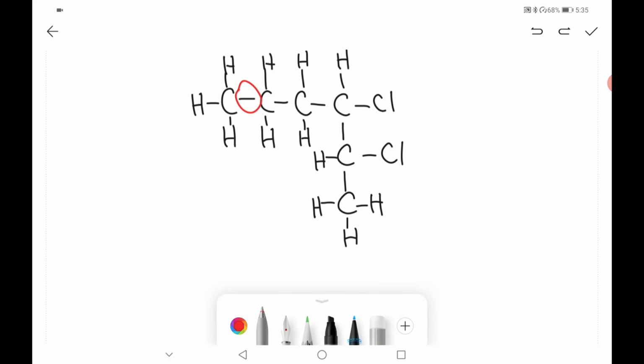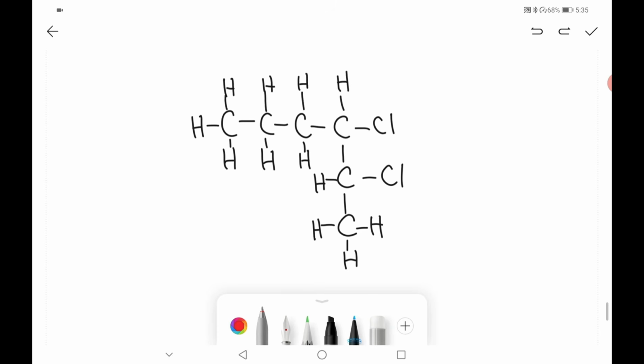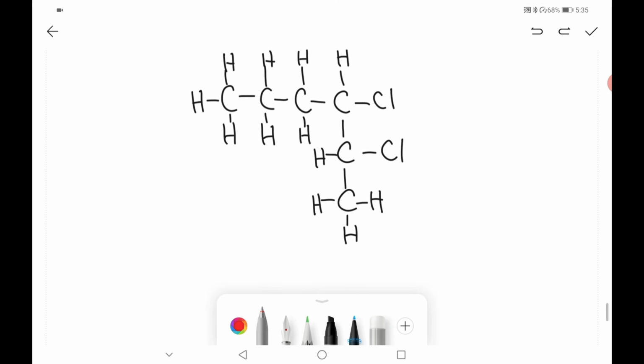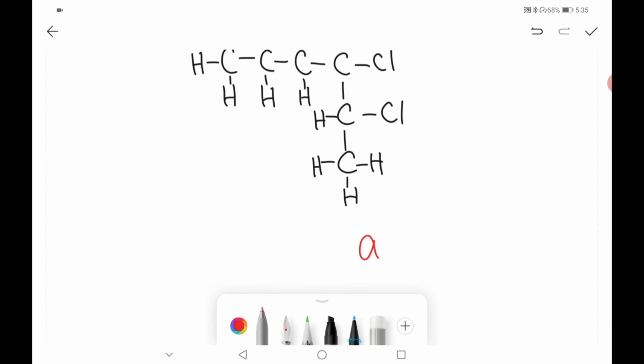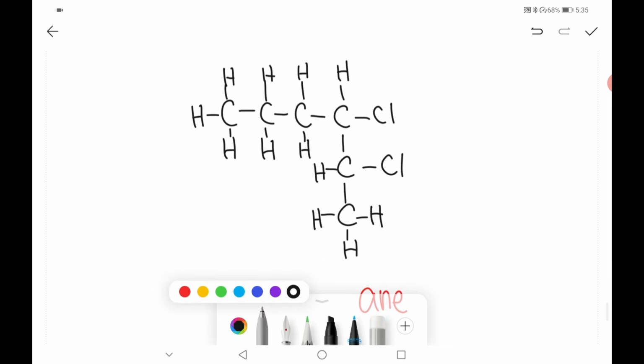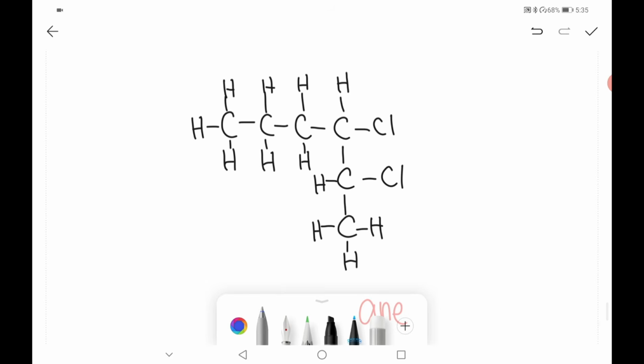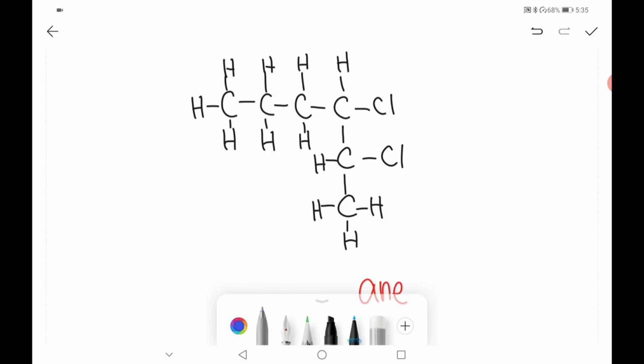So when carbons are single bond, this is alkane. So when we have alkane, the name must end with ane. After that, we need to find the longest and continuous carbon backbone. So if you try to go for it, the longest carbon is here.